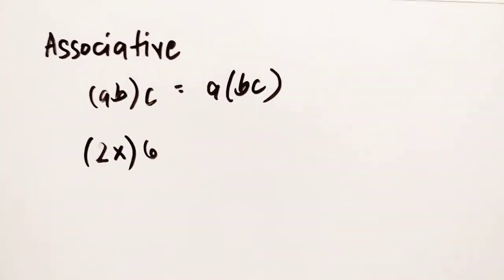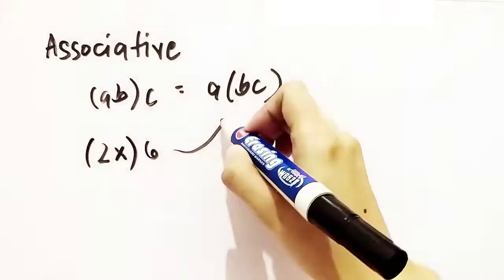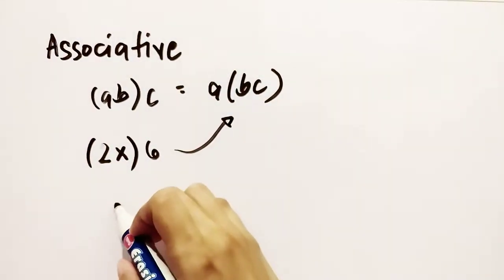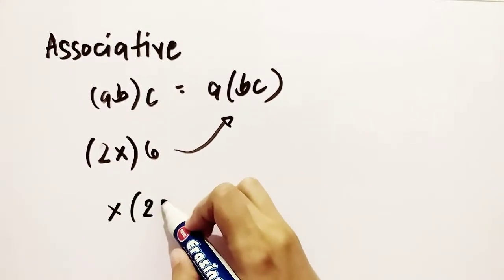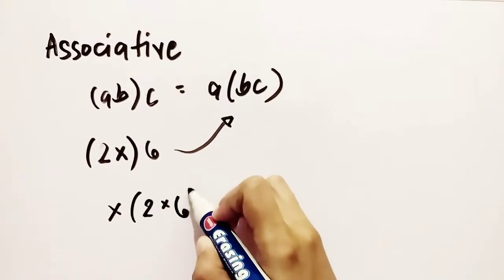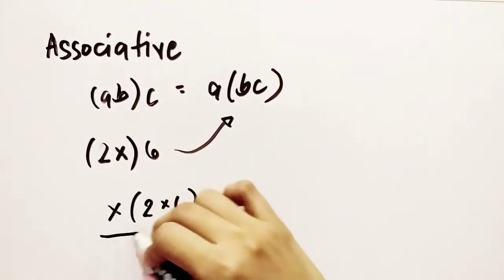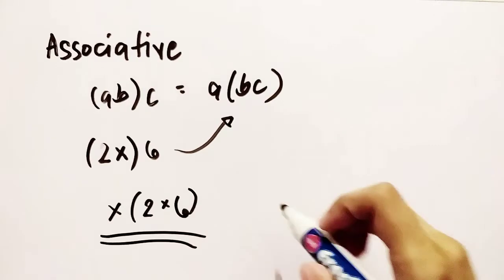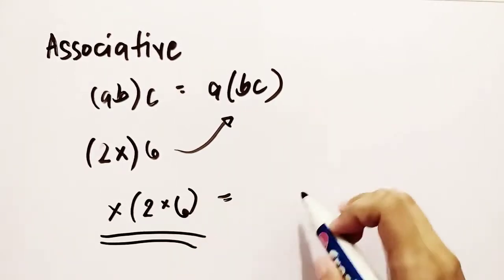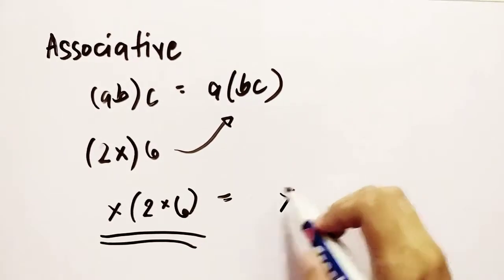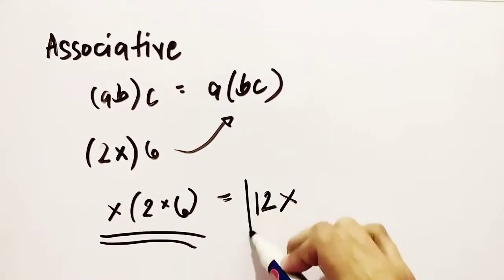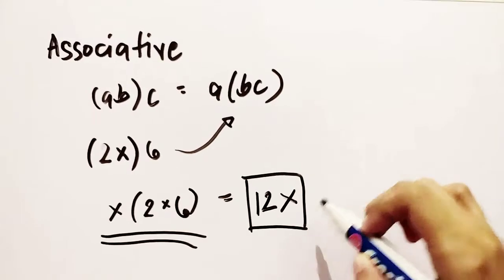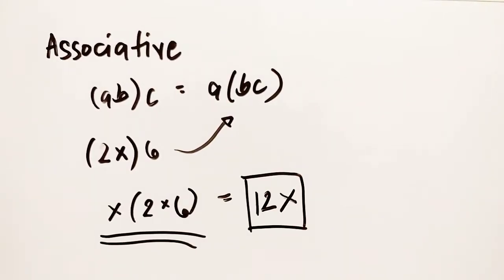So if we're going to rearrange that in this form, this is also equal to x times (2 times 6), and this form is easier to solve. So 2 times 6 is 12. So we have this 12x. So that is how multiplication of associative works.